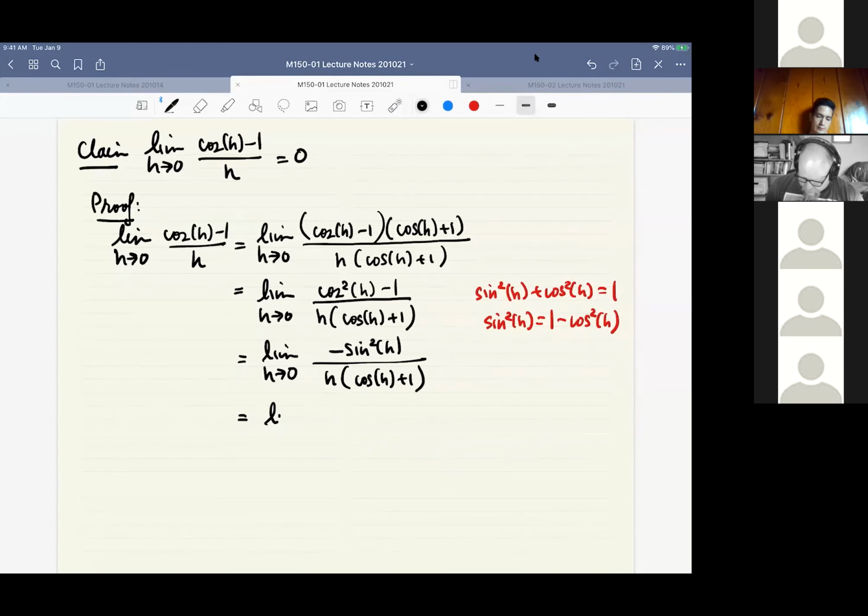And so here's where the cool thing happens. Rewriting what I'm taking the limit of as this product, I can then use the limit laws to say the limit of a product is the product of the limits.